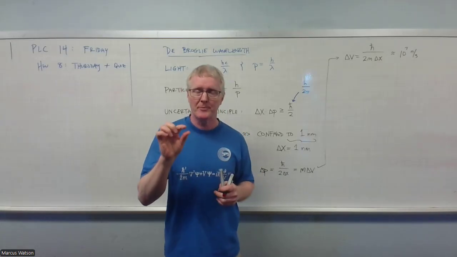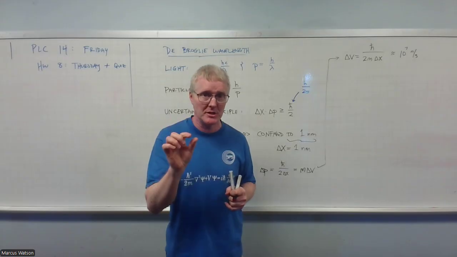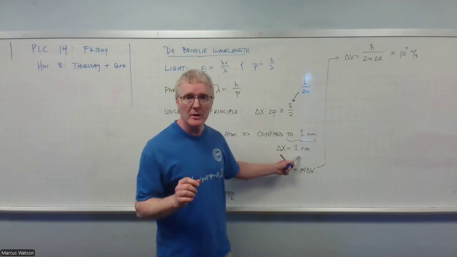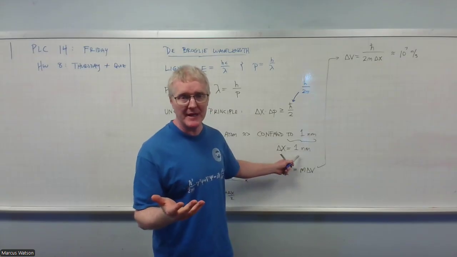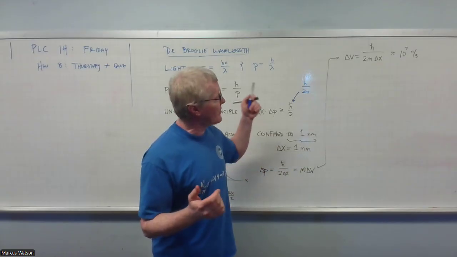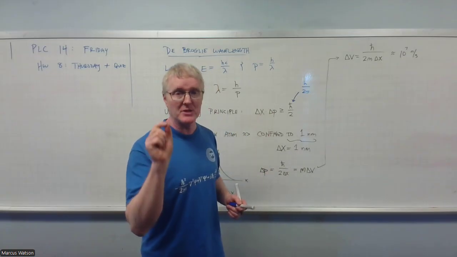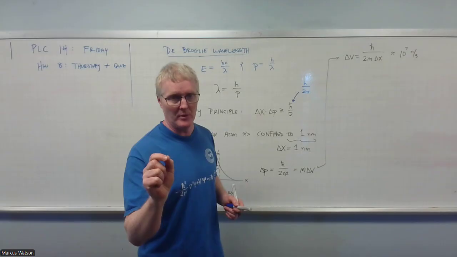In other words, our uncertainty in the position would be much smaller than this, more like a femtometer instead of a nanometer. And our uncertainty in the momentum would basically be 0 because the momentum itself is 0.